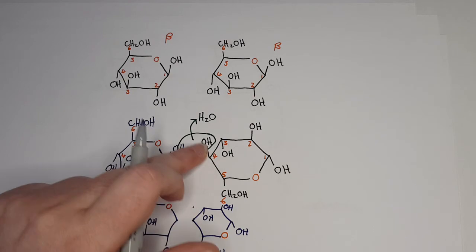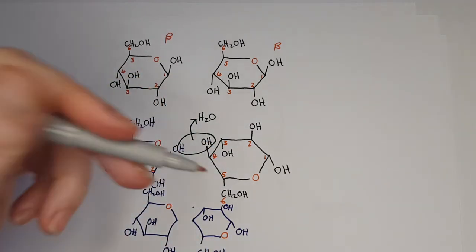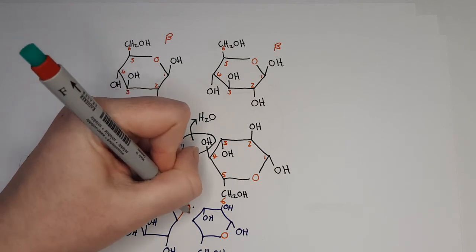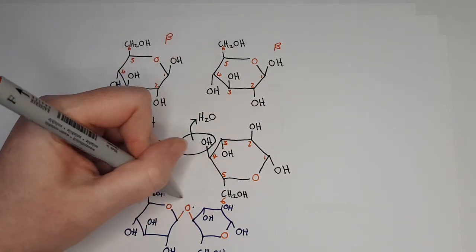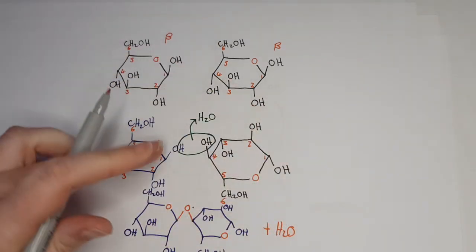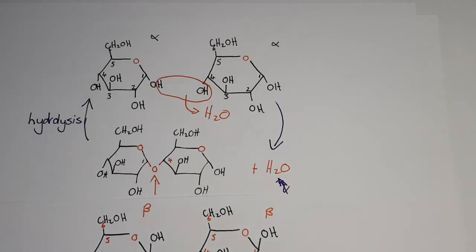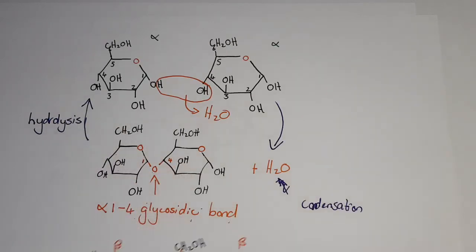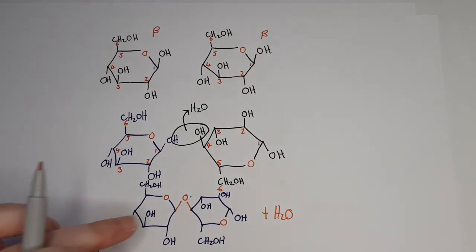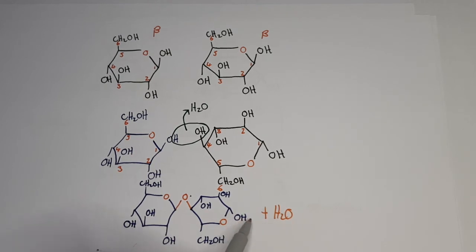But now since that was facing up, my glycosidic bond that I'm going to make in the middle is now going up. So this is still a glycosidic bond. I still made H2O. It's condensation. It's just that now where this one was facing downwards, this one is now facing upwards. But now if I bring another beta glucose molecule in there, this one is now facing the right way because I flipped it.